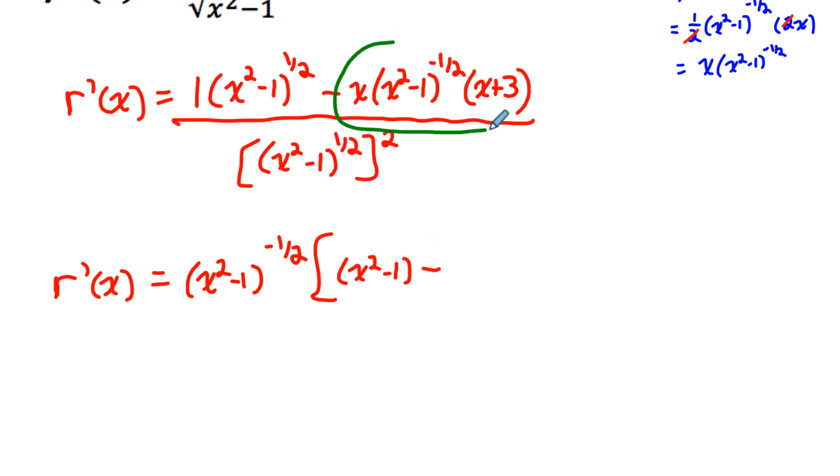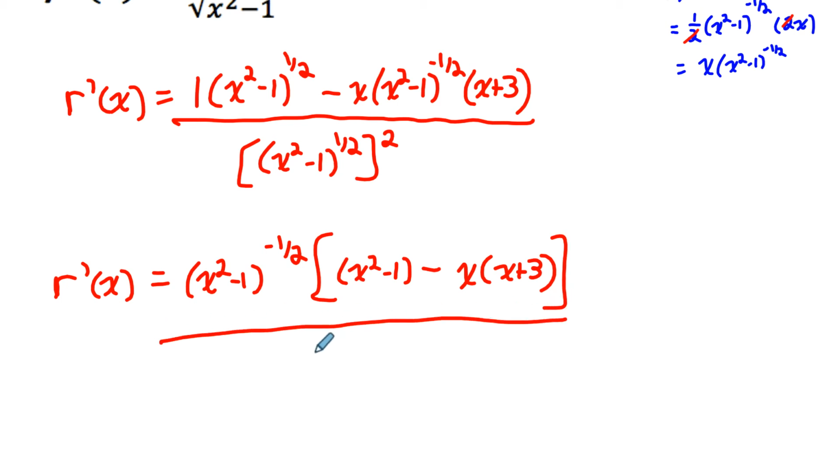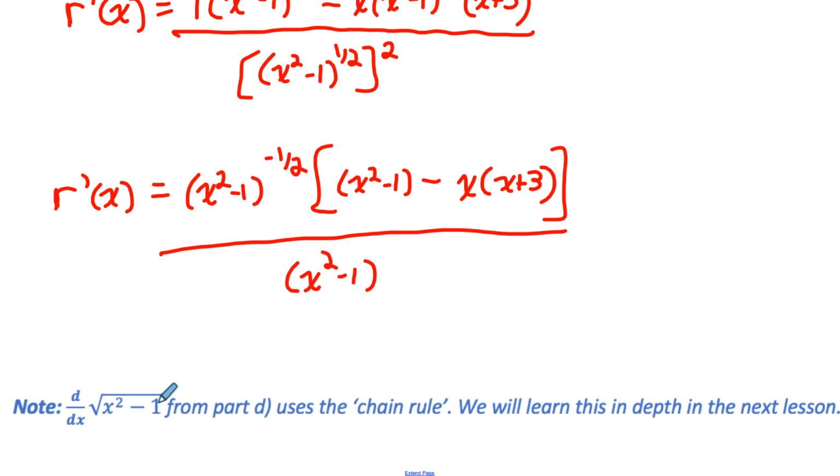Now let's divide this term by what we're common factoring out. The x will still be there. The x plus 3 will still be there. However, this x squared minus 1 to the negative a half is being divided out, so that one is gone. And this is all over x squared minus 1 to the half, to the 2. I can multiply those exponents and get 1. So it's all over x squared minus 1.